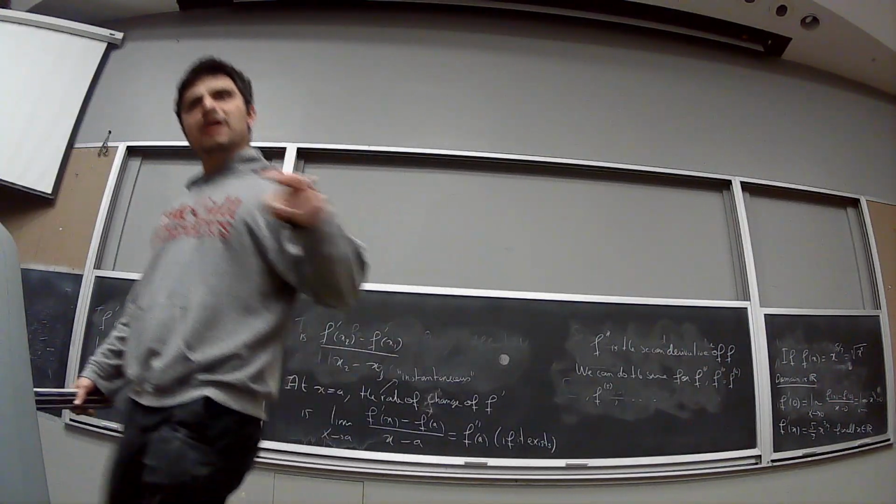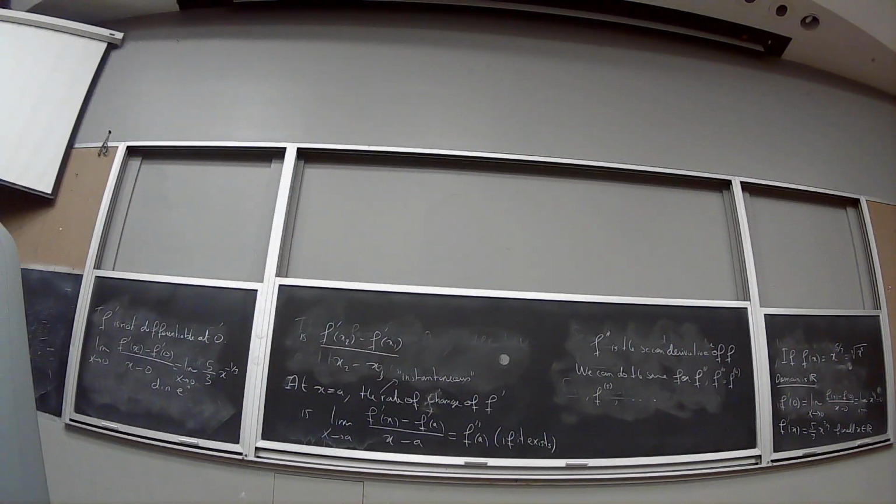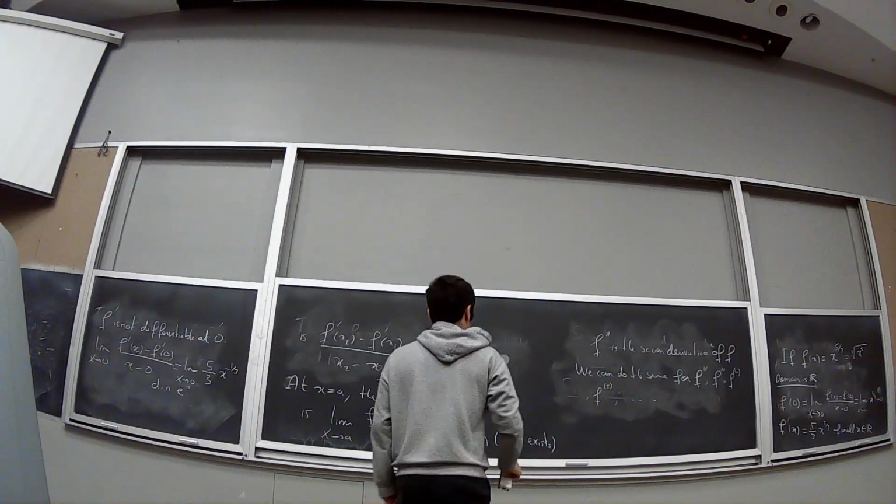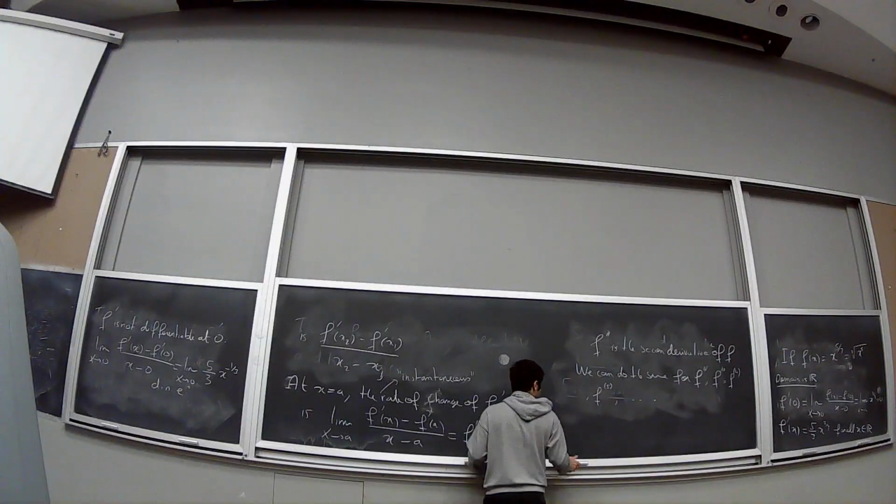And the graph of f prime, if you draw it, and we'll look at this later, has a vertical tangent line at x equals 0. Anyways, we'll talk about this later.